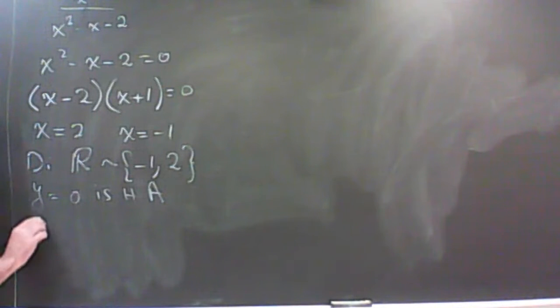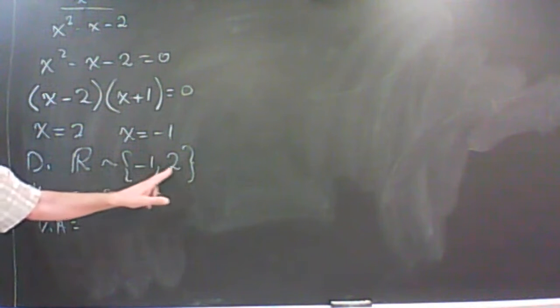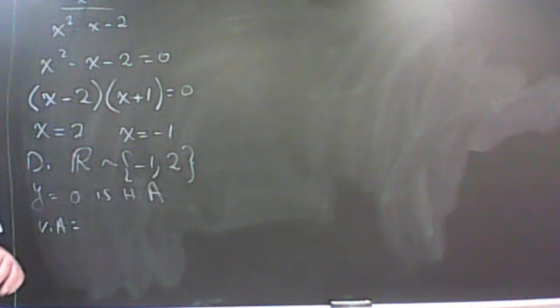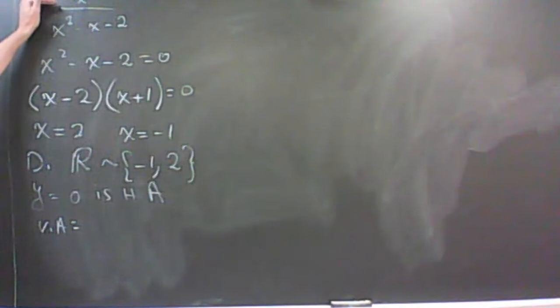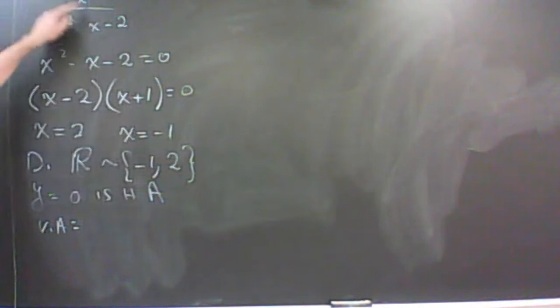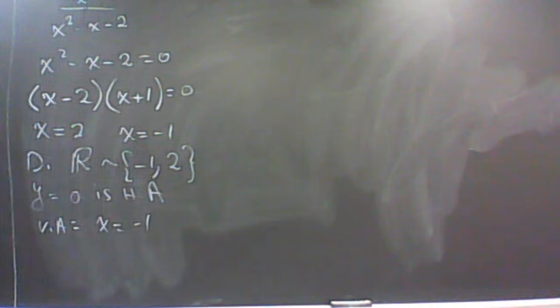So for the vertical asymptote, we have two possibilities, -1 and 2, and luckily for us, each one of them is just multiplicity 1, yeah? So I can check them in the numerator. Do I get a 0 when I put in -1 for x over there? No. So x equals -1 is not an asymptote, yeah?